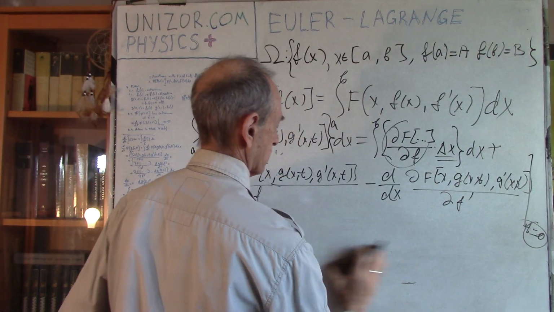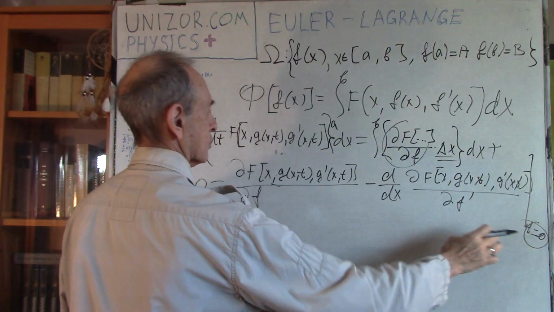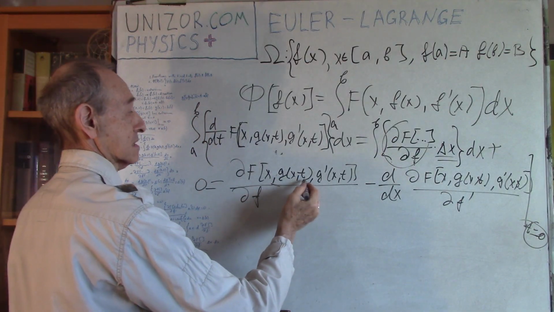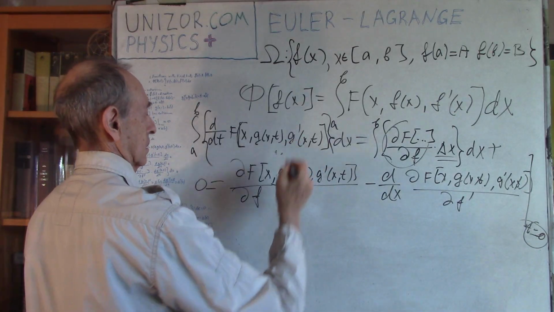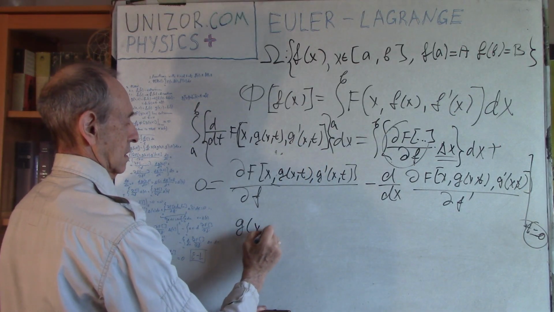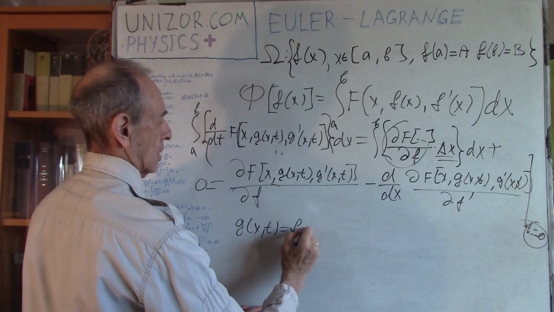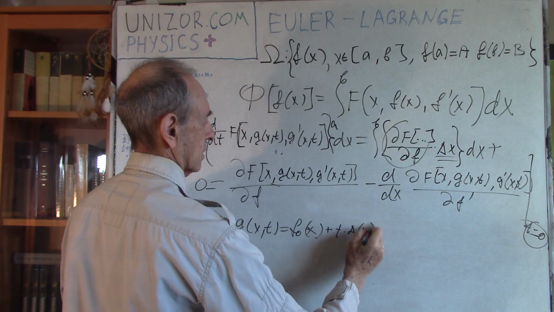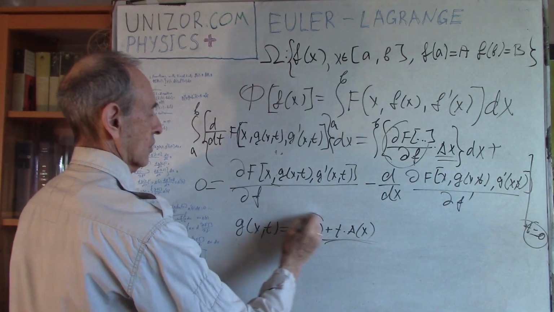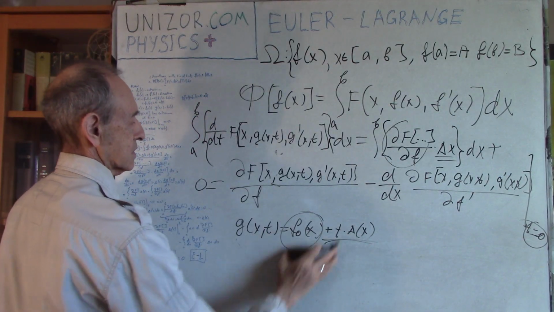Now, if I substitute t equal to 0, g of x and t, remember, g is f0 of x plus t delta of x, right? So if t is equal to 0, I will have only f0.